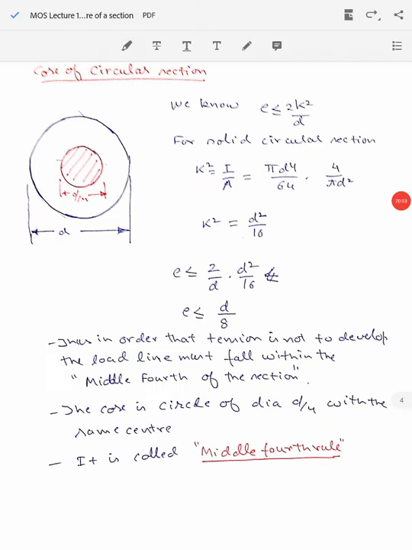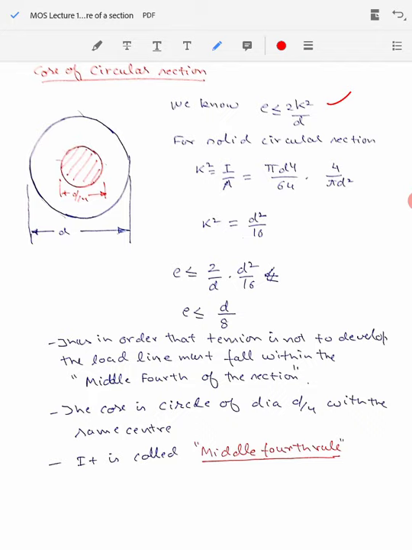As we have done the calculation for the rectangular section, similarly we can do the exercise for the circular section also. In this figure you can see a circular cross section of diameter d, and we know that the formula for the limiting value of the eccentricity is 2k square by d.